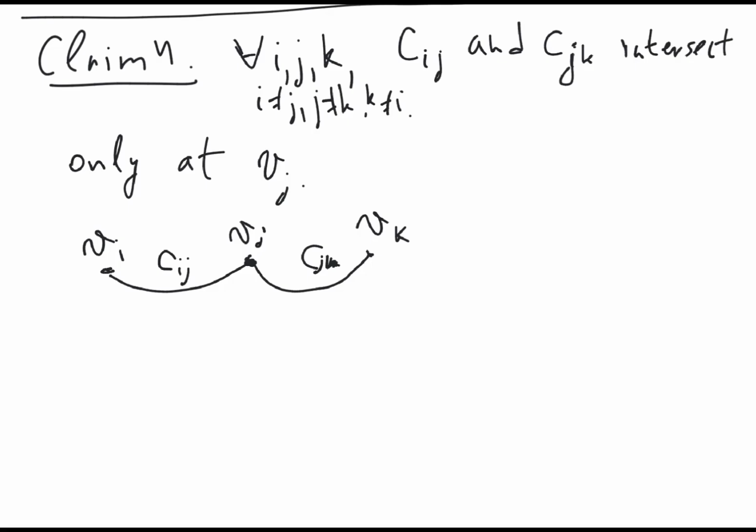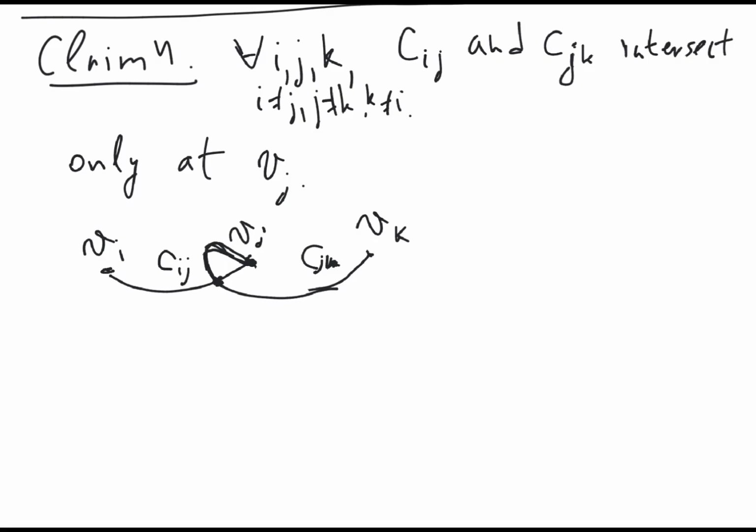So they cannot intersect in any other vertex. So there cannot be a situation like this. Basically, when there is another vertex, so from Vj there is a path, it goes like this. There is a common vertex other than Vj on these two paths.